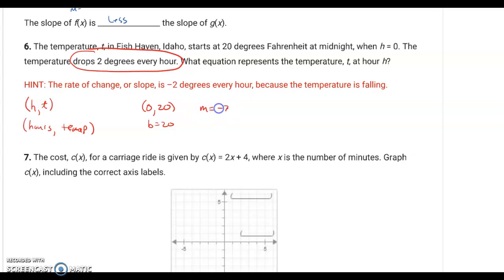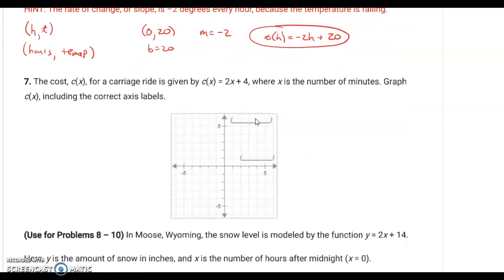So slope is -2. Therefore, when we write our function, the temperature after H hours is our rate of change times the number of hours, so -2H, plus the starting temperature at 0 hours, plus 20. And this would be your equation.